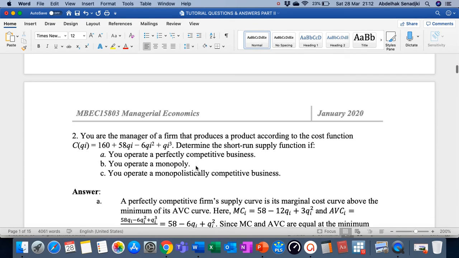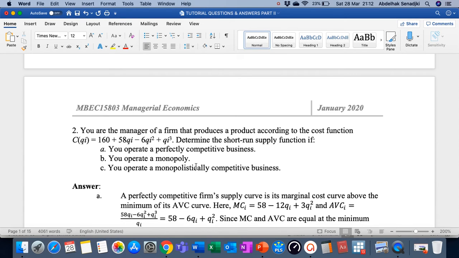Now second, it says that you are a manager of a firm that produces a product according to the cost function C(Qi) equals 160 plus 58 Qi minus 6 Qi square plus Qi power 3.